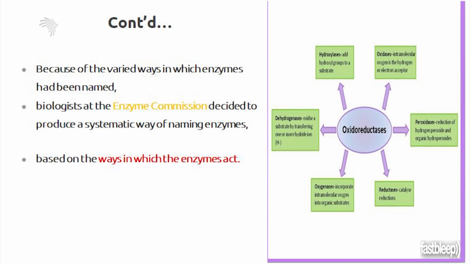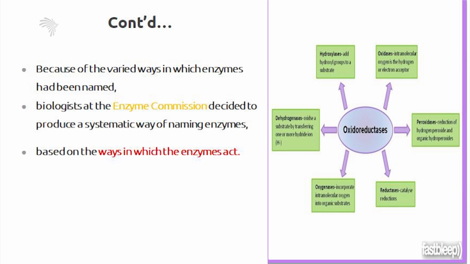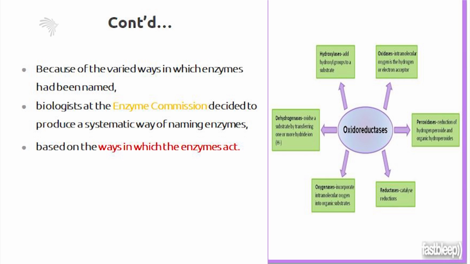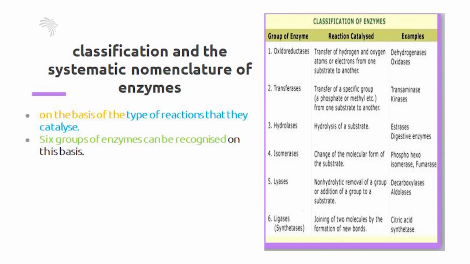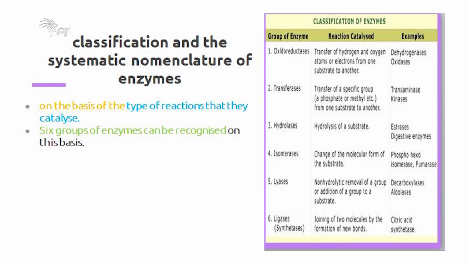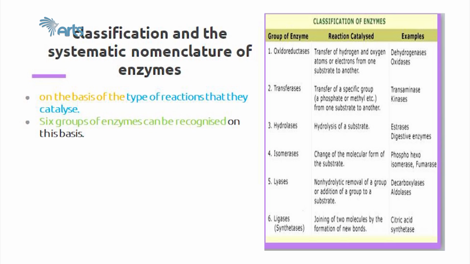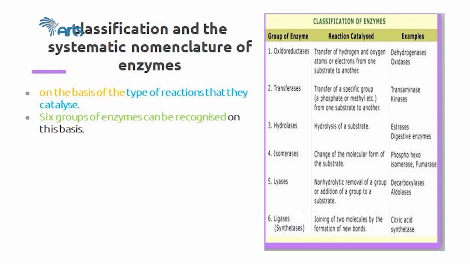Today enzymes are named in a systematic way. The Enzyme Commission decided to name enzymes based on the type of reaction they catalyze. Accordingly, classification and systematic nomenclature of enzymes came into practice.